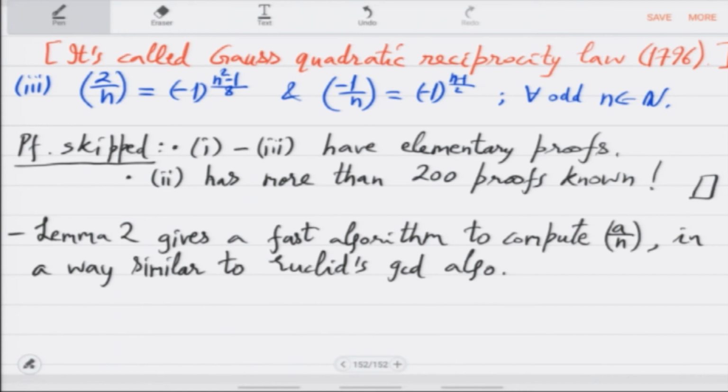That may sound surprising, but the key thing will be this reciprocity law. The reciprocity law will give you an algorithm that syntactically looks similar to Euclid GCD. So let us write down the algorithm.